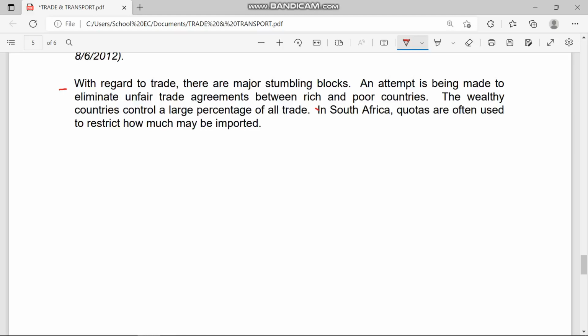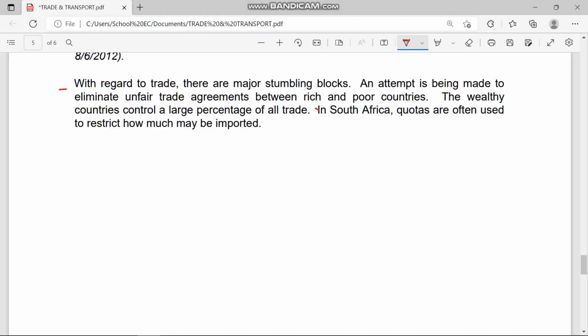For example, here in South Africa we are only going to import the few goods and services that we don't have, or that we are not able to develop, or that our land does not have, and that's what this rate means.